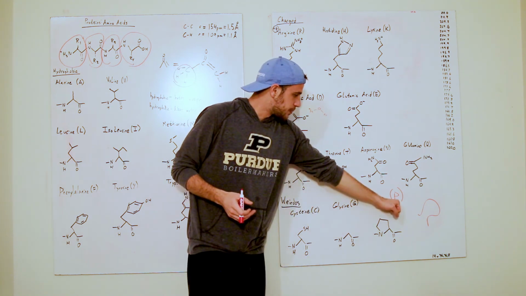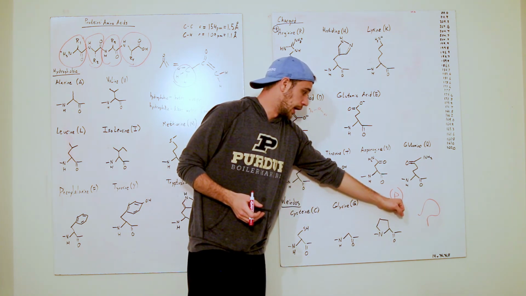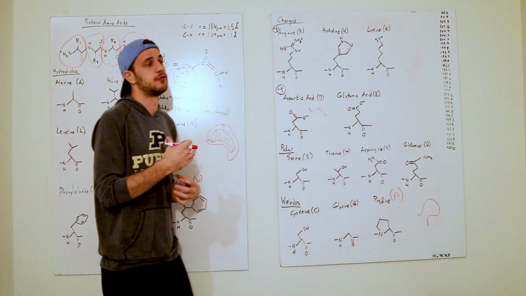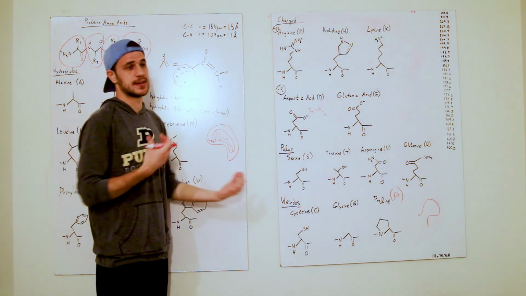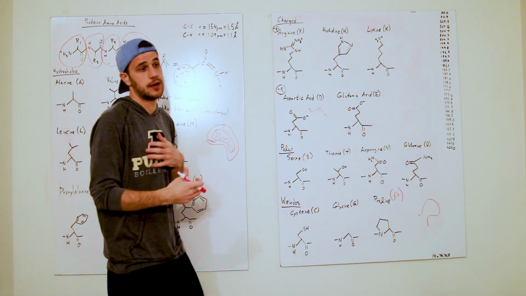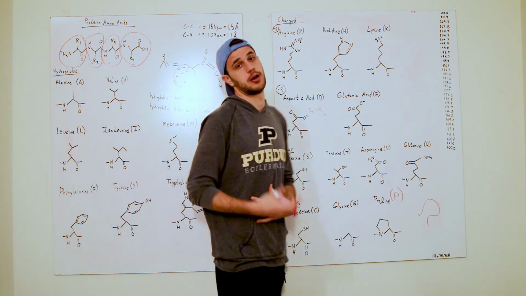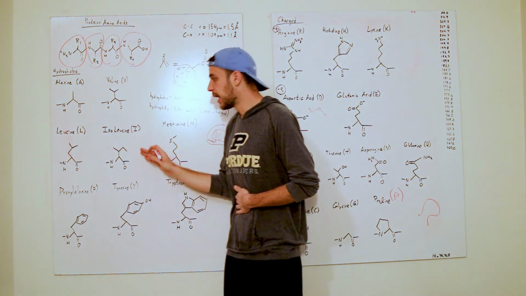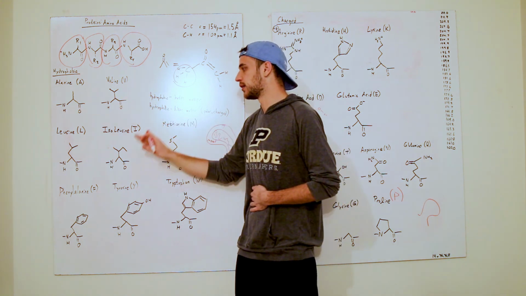As I just drew out here, this little one letter is called the FASTA code. It's just a simple way of noting which amino acid is which, so that you can look at a sequence of amino acids in a peptide or protein and say, okay, it's AVI, so it's alanine, valine, isoleucine.